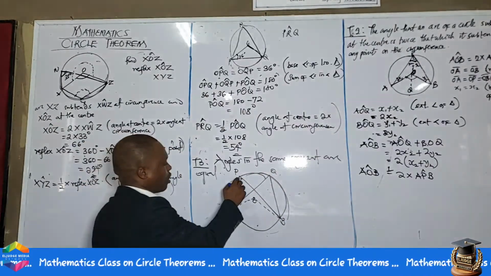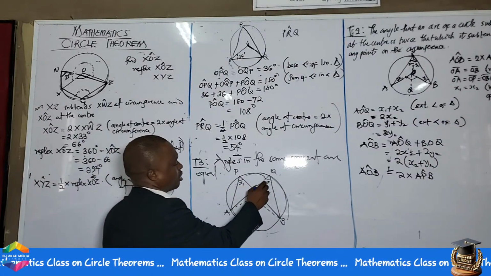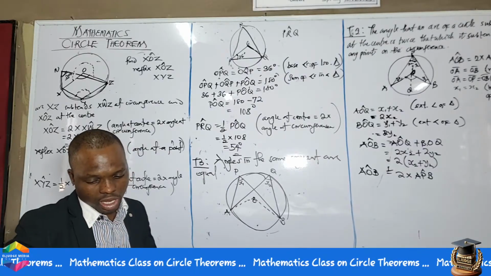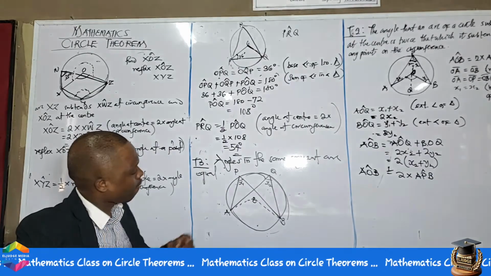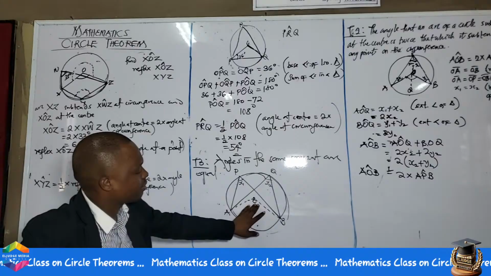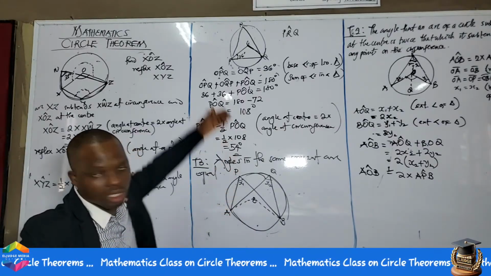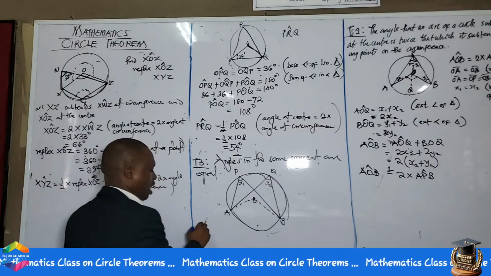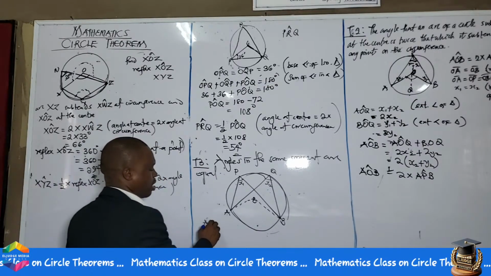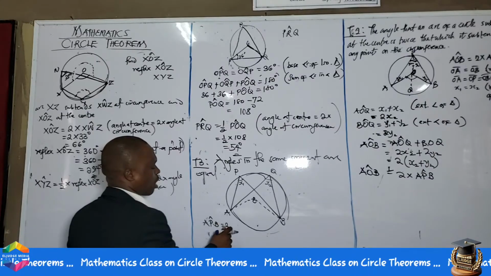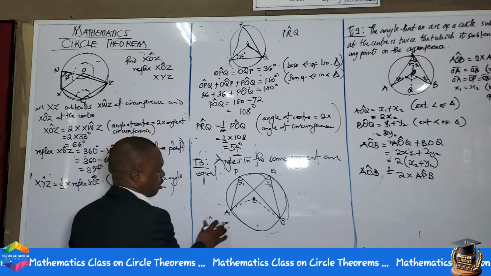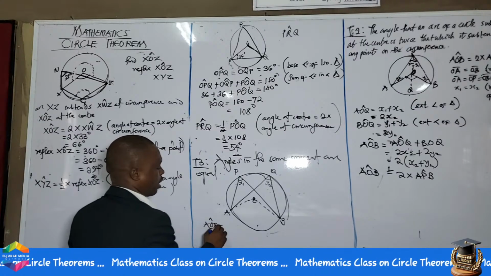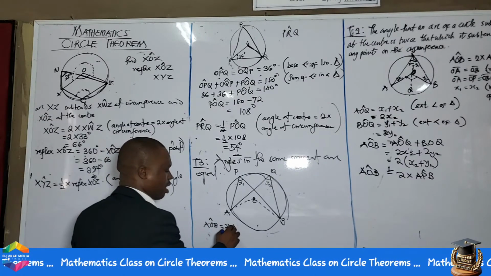Let's call this angle here S1, and let's call this angle S2. If we look at this very well, this is just a replication of this. The angle formed, so we can say AOB equals 2 times angle at APB.